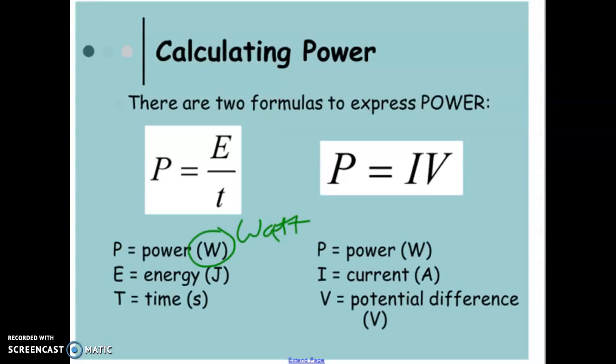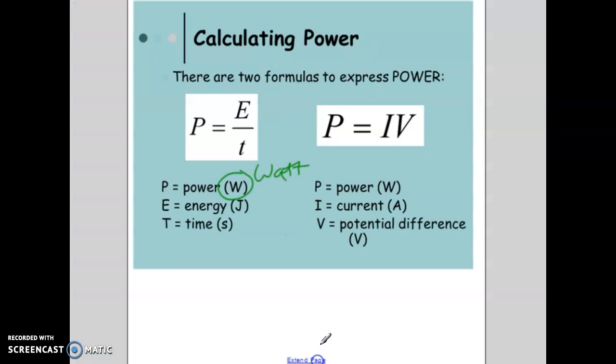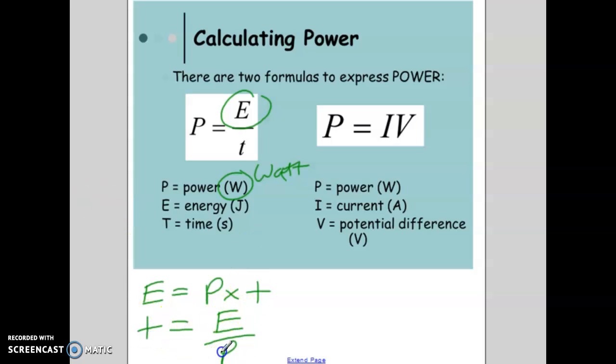And again, these are both three variables. So let's say we wanted to solve for E, it would be P times time. If we wanted to solve for time, it would be E over P. We've seen the three variable rearrangement so many times at this point, you should be able to do this pretty seamlessly.